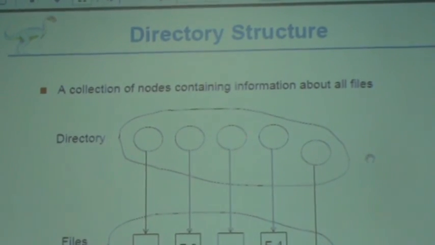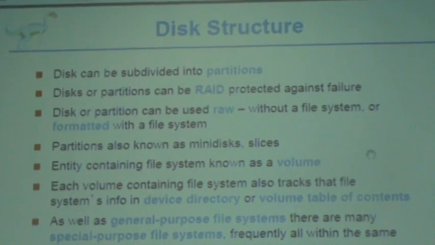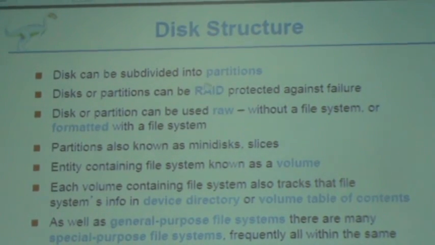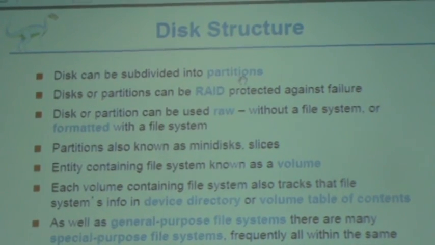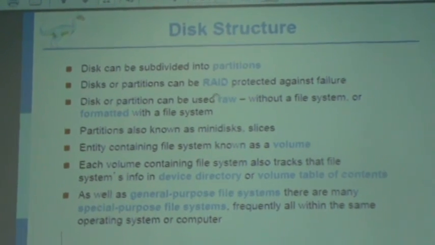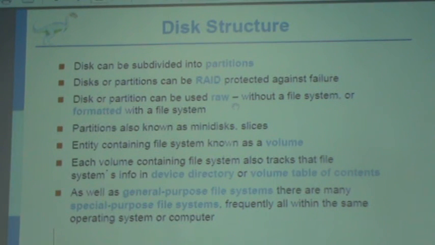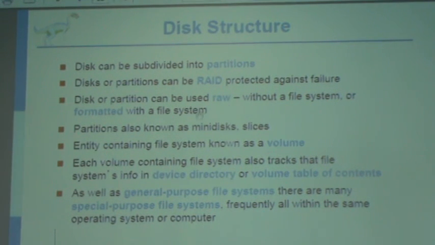This is a directory structure, and as we talked about in the last lecture, it can be divided into partitions. A disk can be RAID, which can protect the data, and it can be used as raw disk without a file system. A partition is also known as a slice, like you divide the disk into several parts.